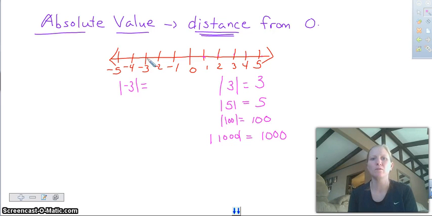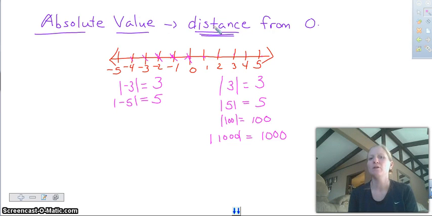Okay? So I'm going to count. -3 to 0. 1, 2, 3. It's 3. Positive 3. The absolute value of -5. I'm going to count. 1, 2, 3, 4, 5 is 5.